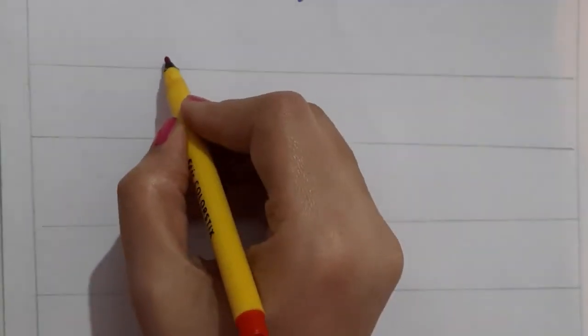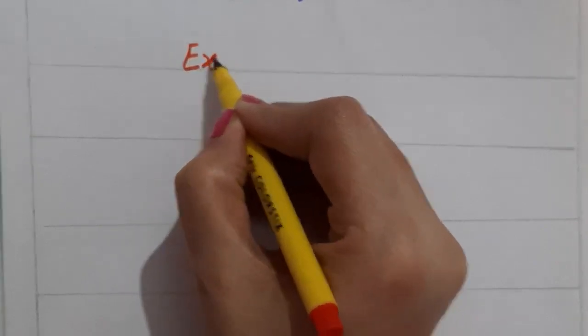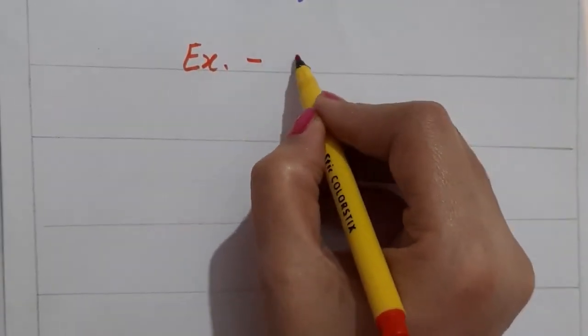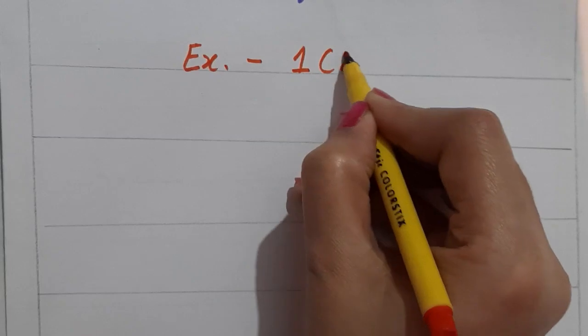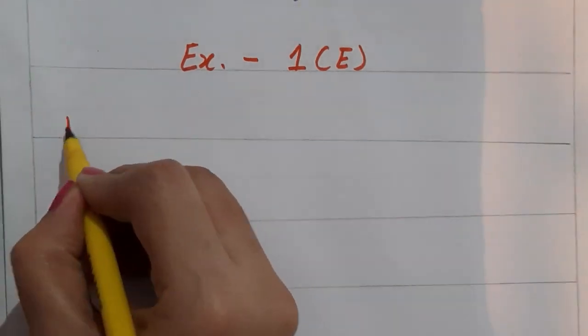So let's start our first topic, multiplication sums in exercise 1E. I hope you are revising the previous work also. You are doing practice of that. It is very important.